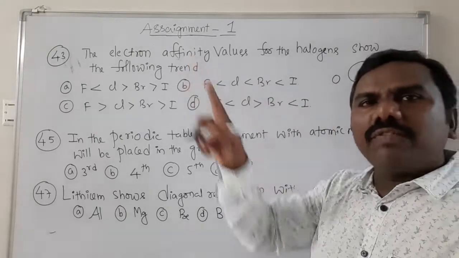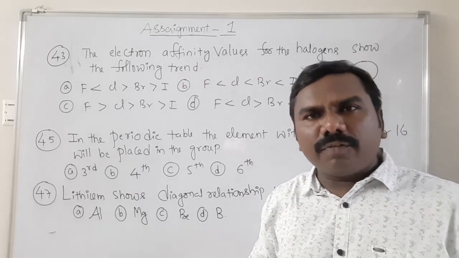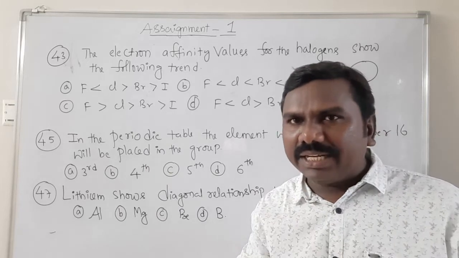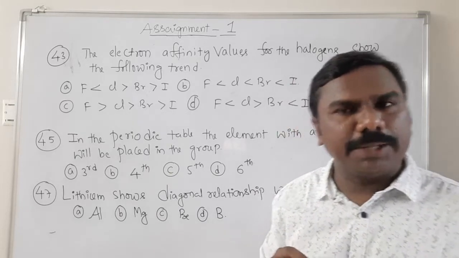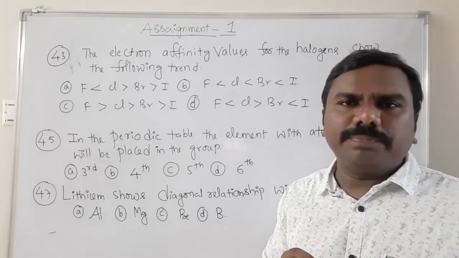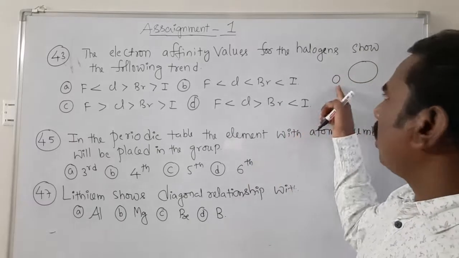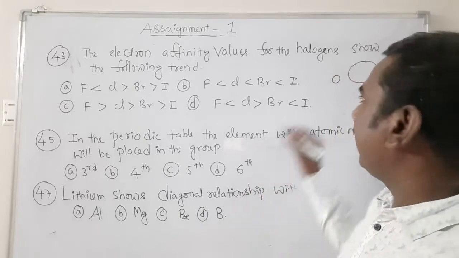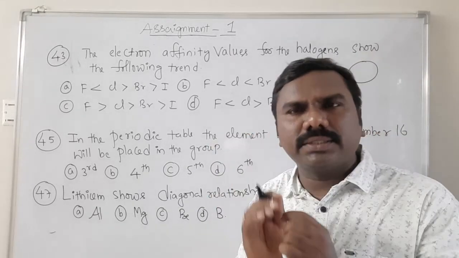Electron affinity meaning first of all required. Amount of energy released when one electron gained, that energy called electron affinity. Get it? Now, fluorine is a smaller one. So fluorine atomic number 9. 9 electrons are there in the small size.